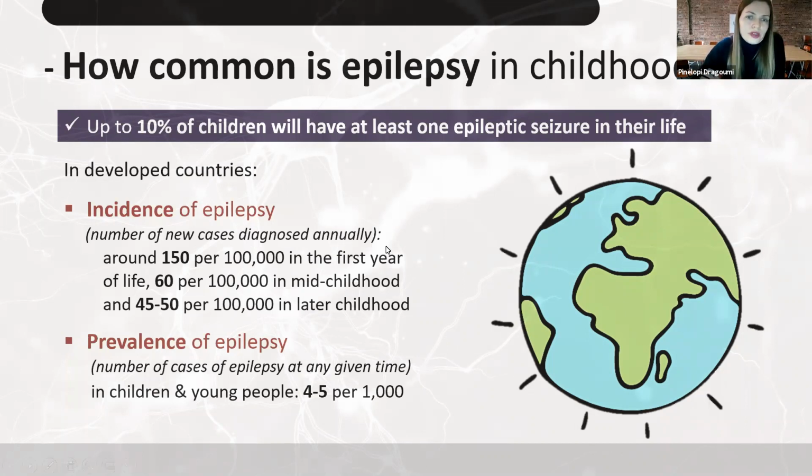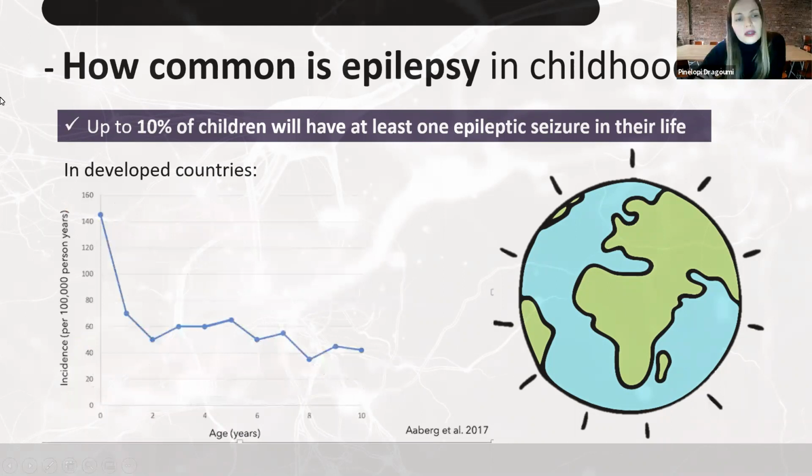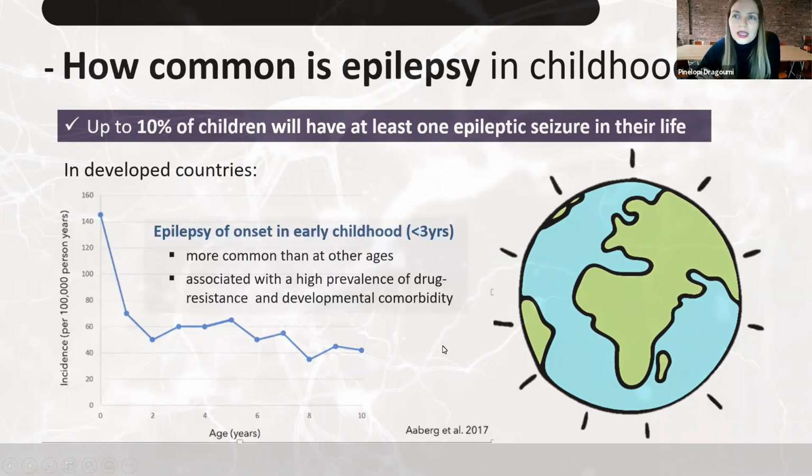We know the curve that has a peak in early infancy and early childhood. It plateaus and then it starts to rise again in the older age group, and especially in children who are less than 3 years, we have more commonly recognized seizures and epilepsies, and these are unfortunately associated with a higher prevalence of drug resistance and developmental comorbidity.